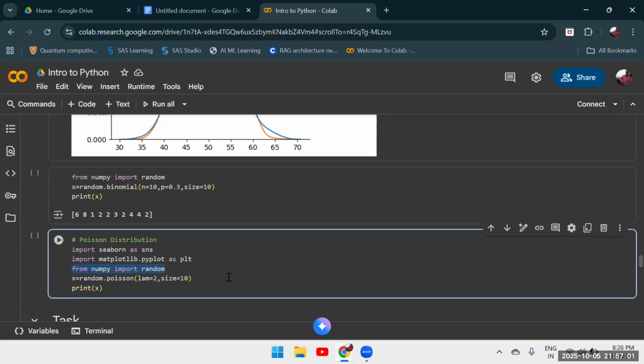So, Sashi, do you have an understanding of why we are using Seaborn and matplotlib? Yes, sir. Seaborn is a high-level visualization library. The basic difference is matplotlib is mostly a low-level plotting library.